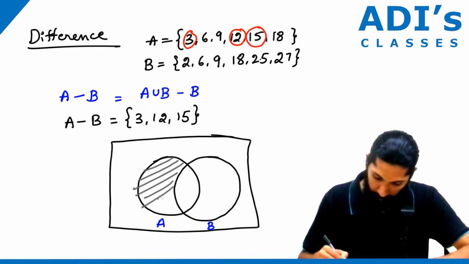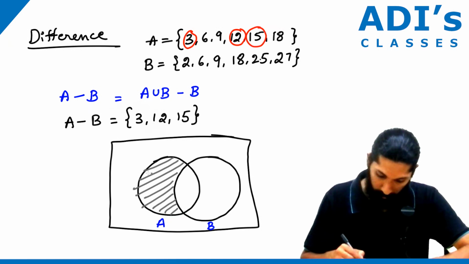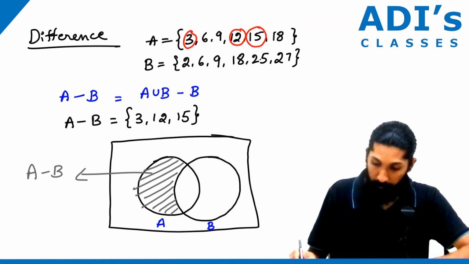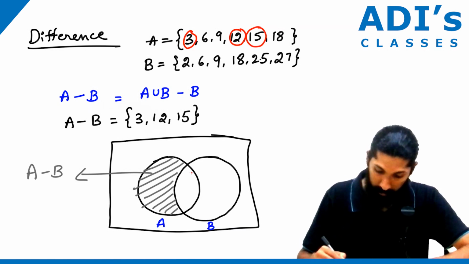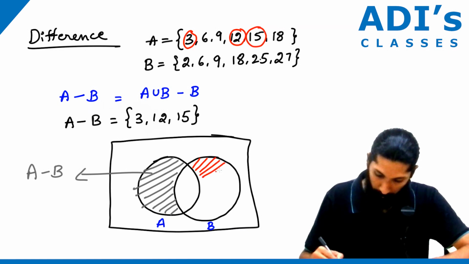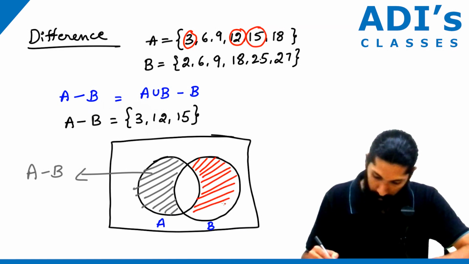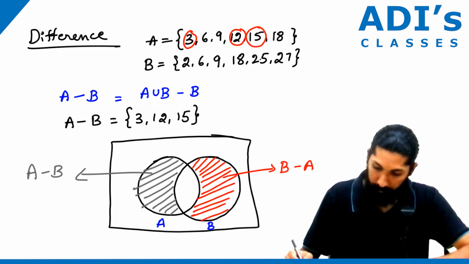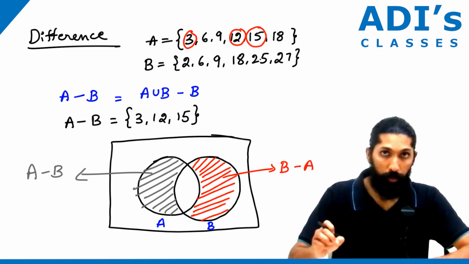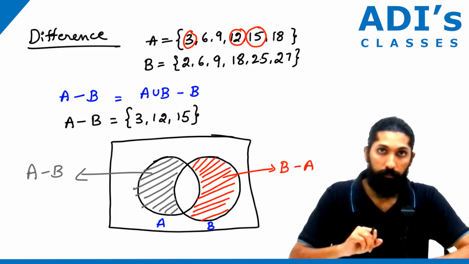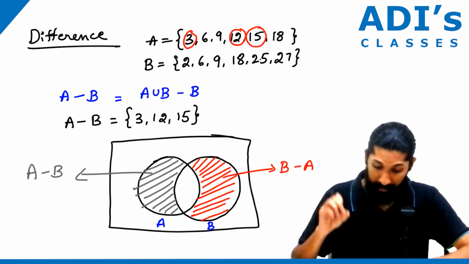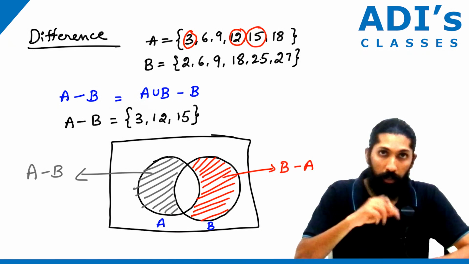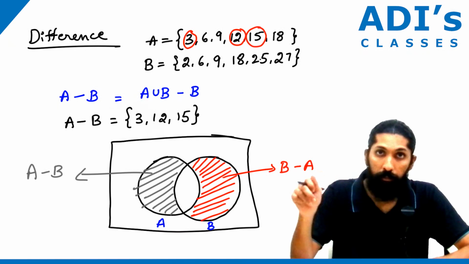See here, this part is nothing but A minus B. In the same way, if I do B minus A, see this value, this is nothing but B minus A. So if you do A union B and subtract the intersection, don't you think you will get A minus B union B minus A?